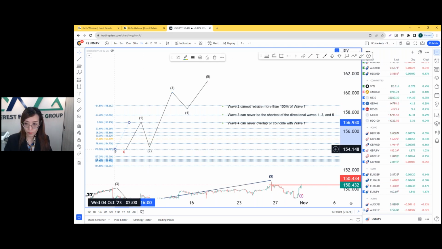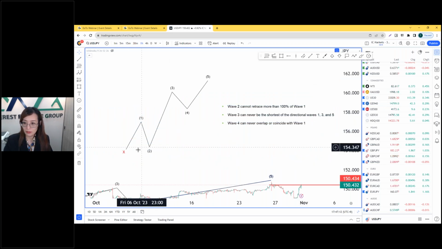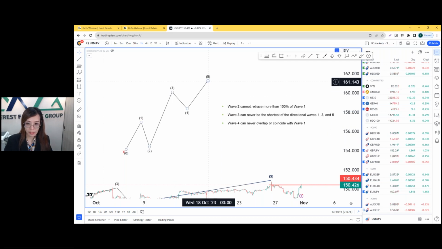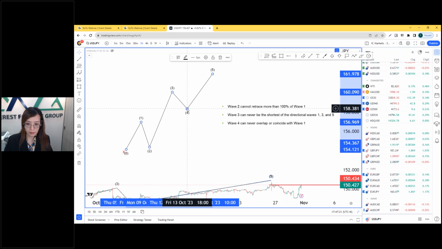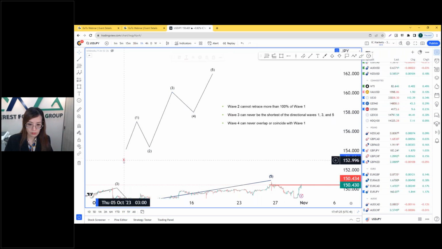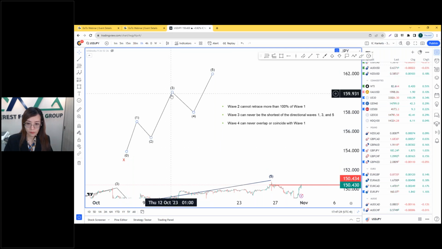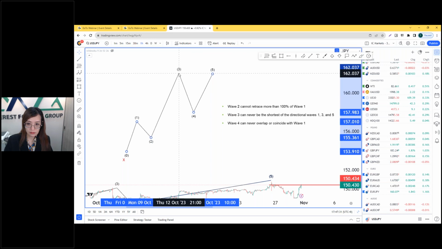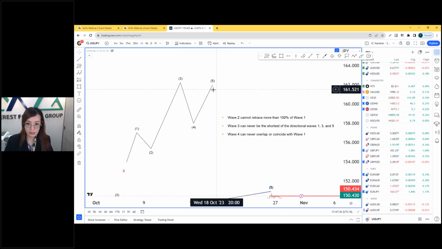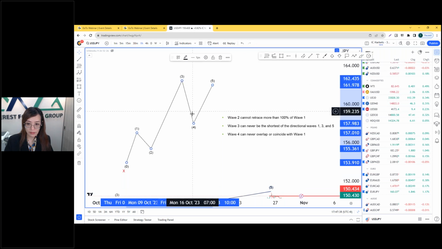Next, for wave 1, wave 3 can never be the shortest of the three waves, which are waves 1, 3, and 5. It's called an impulse wave. I'll show you. Wave 3 can never be the shortest, but it can be longer, like that.